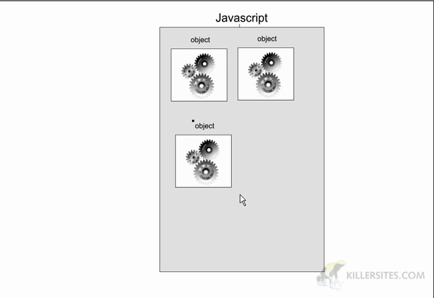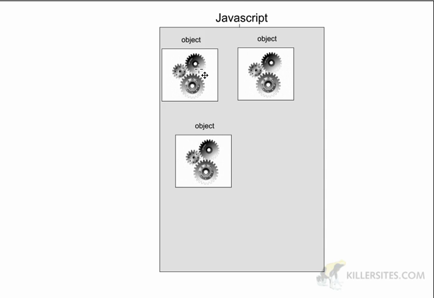So if I was going to make an analogy of this, let's pretend that JavaScript was a McDonald's, for instance, a restaurant. Inside the restaurant, you have a bunch of people, and let's call these people objects. So, okay, I know it's insulting, but for the sake of the analogy.